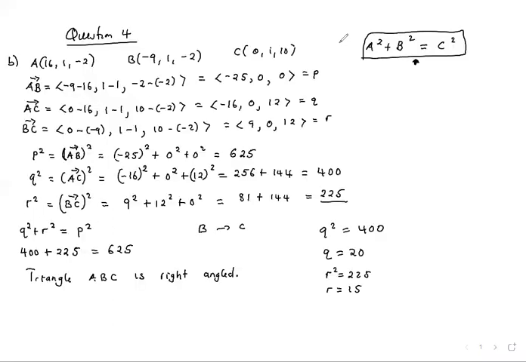They're coming from the square roots of these numbers that we got here. So you're looking for sides P, Q, R, and what you have is P squared, Q squared, R squared. So you square root to get what you want.